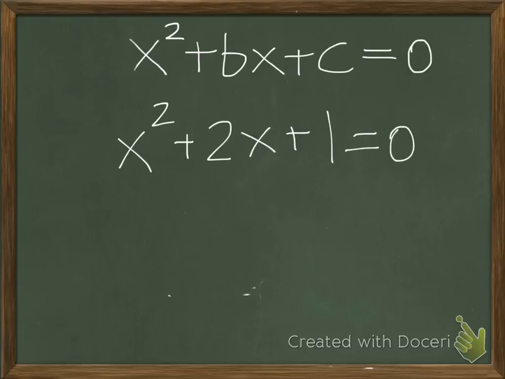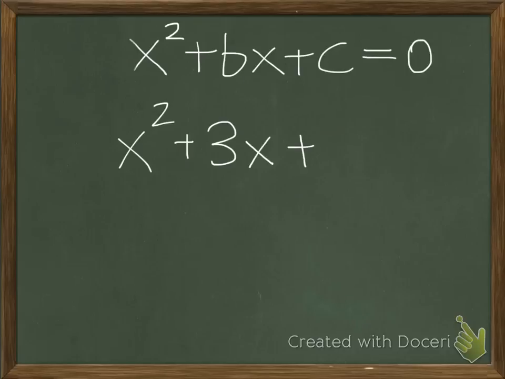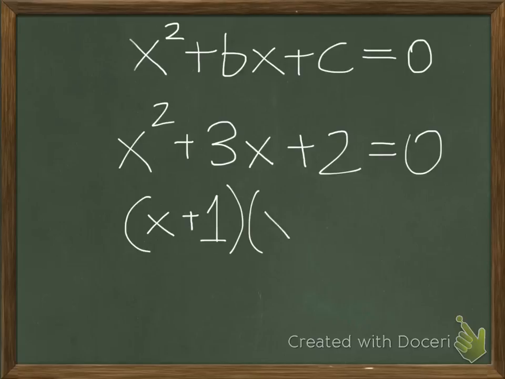Let's do another one that's more normal, that has two solutions. So x squared plus 3x plus 2 is equal to 0. So we can factor this as x plus 1 times x plus 2.